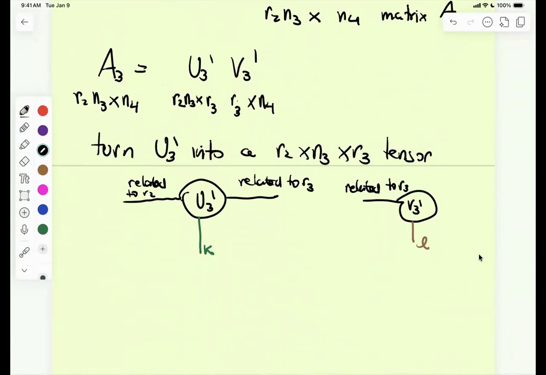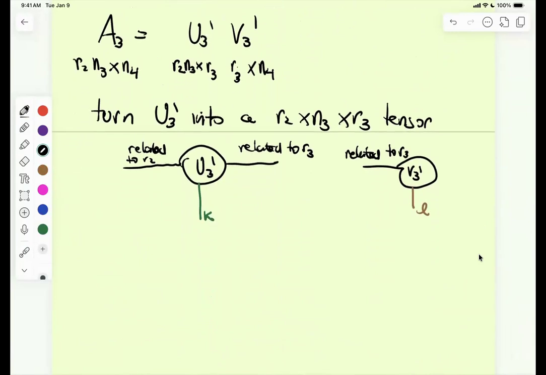So when you put them all together and keep track of everything, the unfoldings work so that you just end up having the tensor T.